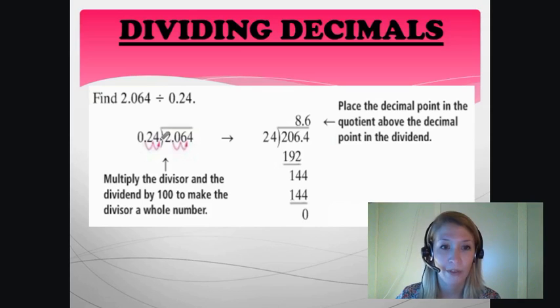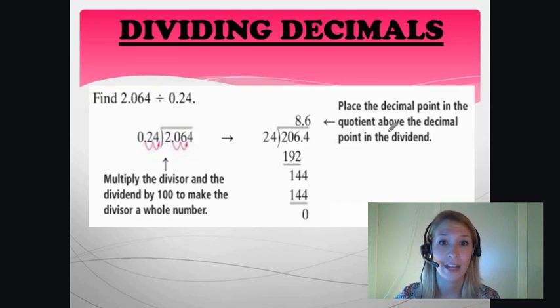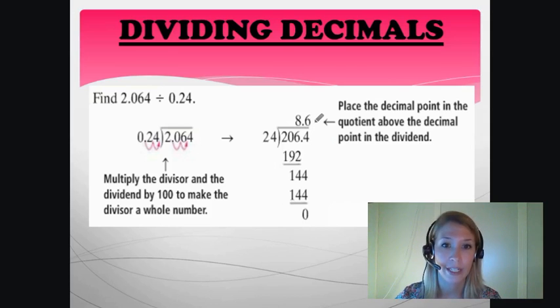What we do to our divisor, we also need to do to our dividend. So we're going to move that decimal point over 2 place values so that it represents 206.4. And then we need to place that decimal point in the quotient right above where the decimal point is in the dividend. So let's take a look. When we moved our decimal point over 2 place values, it ends up between the 6 and the 4. So we move that straight up into our quotient so that we don't lose our organization when dividing decimals.